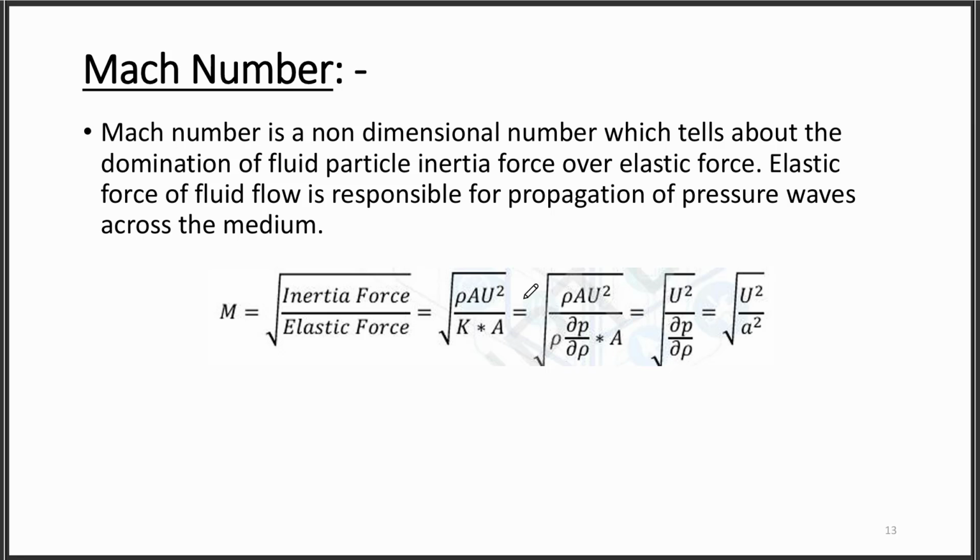Now we'll see one of the important non-dimensionalized numbers in compressible flow, which is the Mach number. This Mach number tells about the domination of fluid particle inertial force over elastic force.